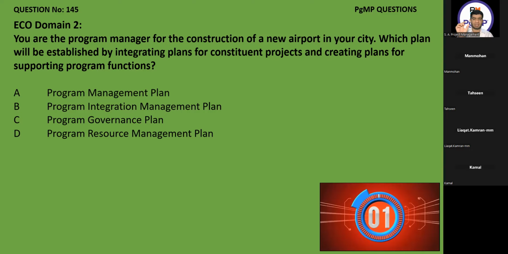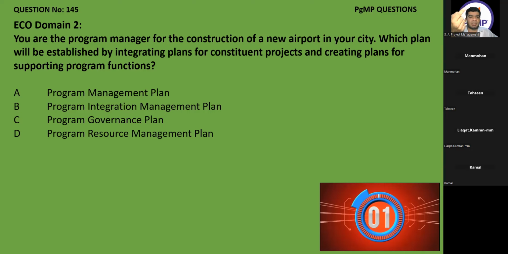So convert the question into your own words to see what he is asking: whether he is asking for an input document, an output of that domain, or some high-level document. If it is a high-level document, he will give you keywords like strategic objectives and goals in the initiation phase, so the answer should contain a high-level document.